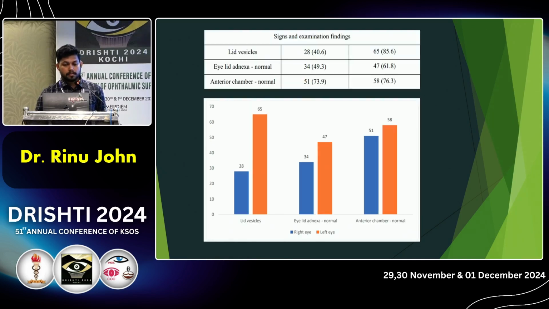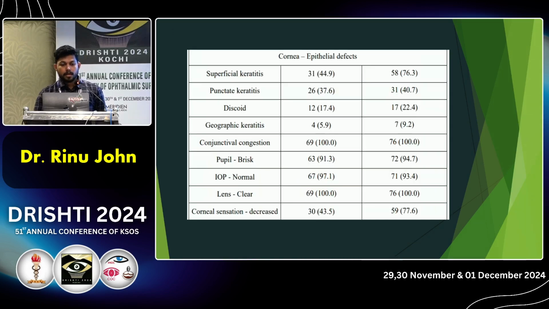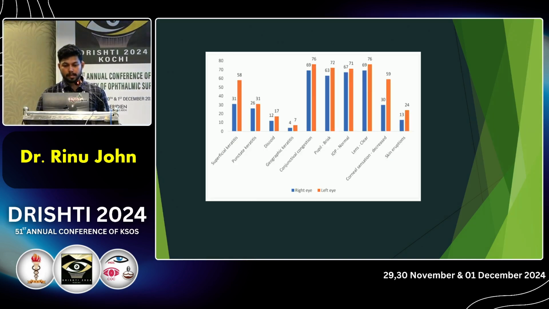Other signs considered are the eyelids and adnexa, and the anterior chamber. In the anterior segment, corneal epithelial defects included are superficial keratitis, punctate keratitis, discoid keratitis, and geographic keratitis, along with conjunctival congestion, pupil reaction, intraocular pressure, lens, and corneal sensation.